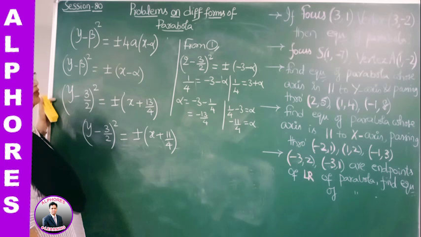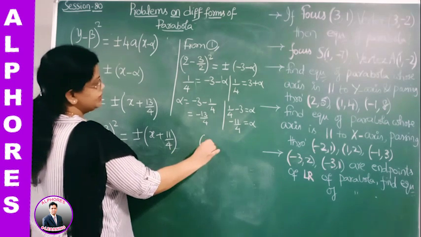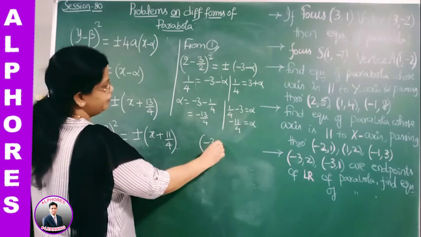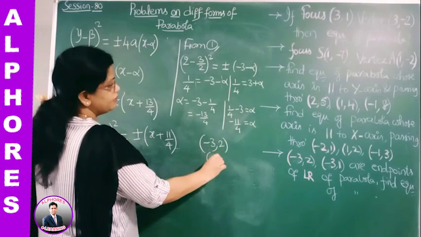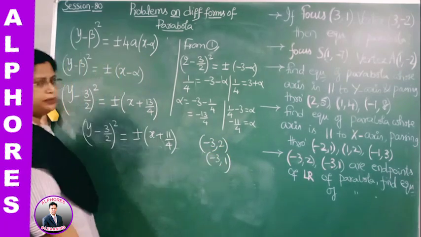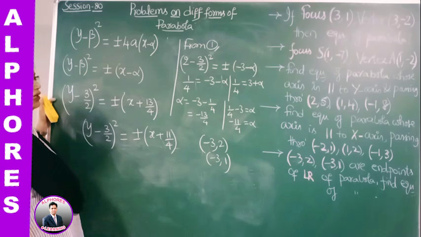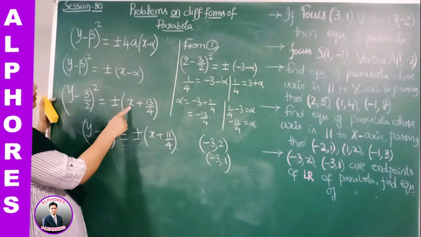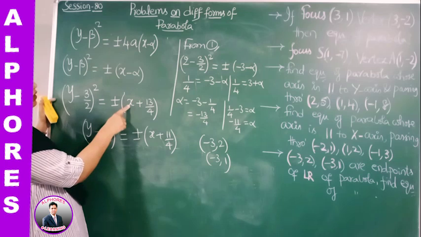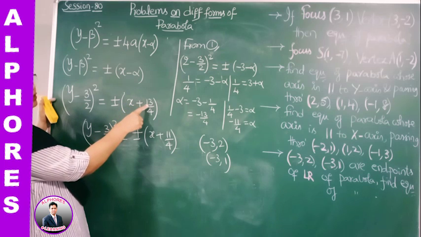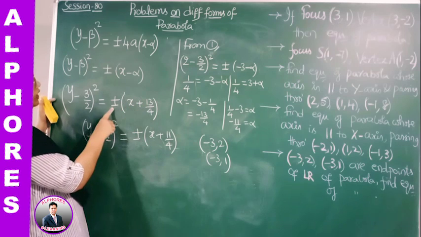Whenever we simplified for beta, students, what about our value? Just observe here, the vertex is nothing but minus 3 comma 2, sorry, not vertex, it is the ends of the latus rectum, minus 3 comma 2, minus 3 comma 1. If I substitute here, x is minus 3, what is the value? It is 12, minus 12 plus 13, that is 1 by 4, plus or minus.